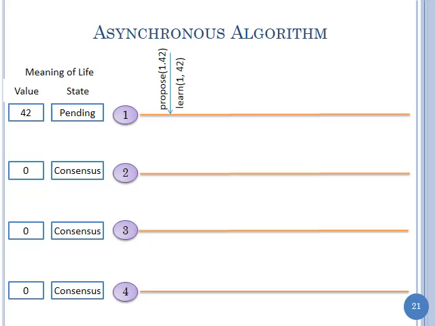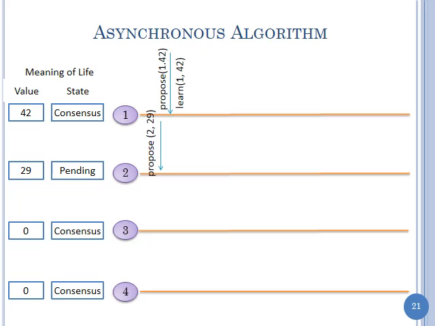So when this learn 42 method is called, what is its effect? Change it to 42 and make it not pending. Okay, 42 is already changed. Now, at the same time, or around the same time or before, in this case, propose 29 was called at site 2.